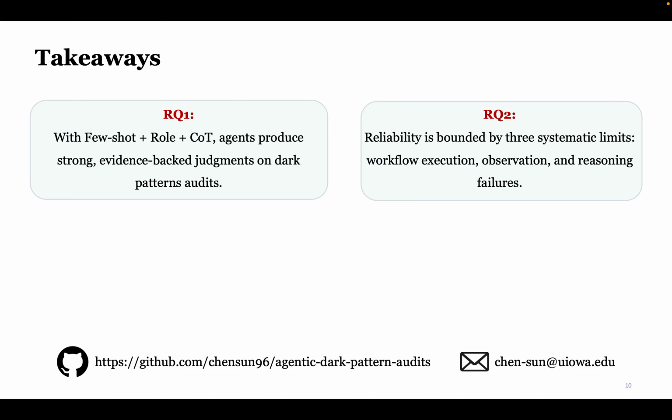So to summarize, for research question 1, we found that with task-specific prompting, which is few-shot plus role plus chain of thought, the agent can produce strong and evidence-backed judgments for dark pattern audits. And for research question 2, we found agent reliability is still bounded by 3 systematic limits: workflow execution, observation, and reasoning.